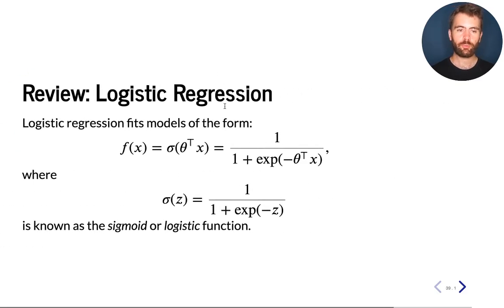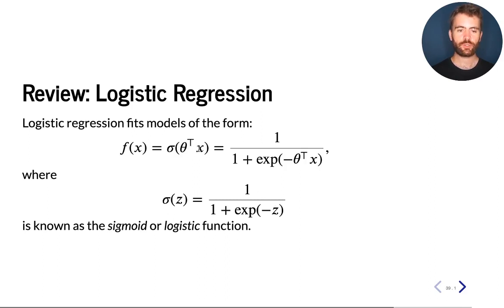Now, recall the model that we have defined earlier, logistic regression. In logistic regression, we assume that the function f that maps inputs x to targets y takes the following form, which is a transformation of a linear function of theta and x, and this transformation is the sigmoid function.